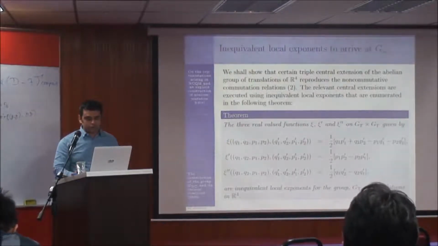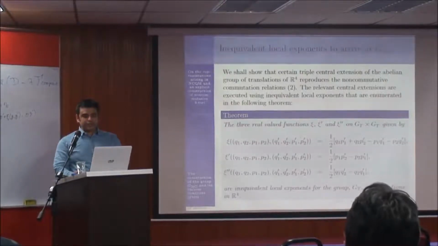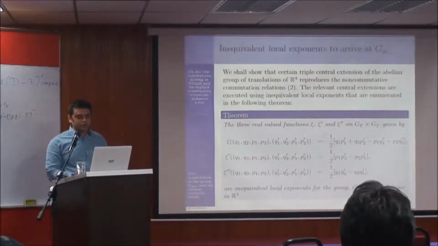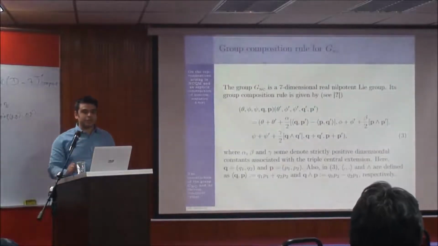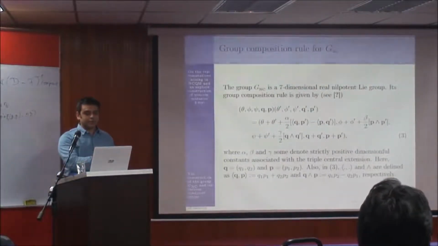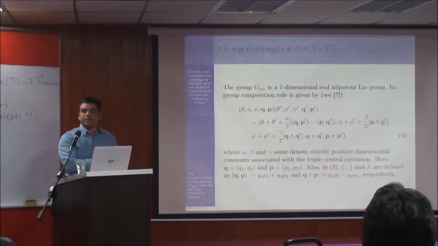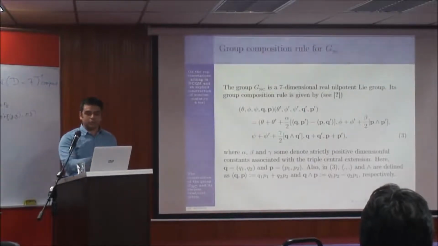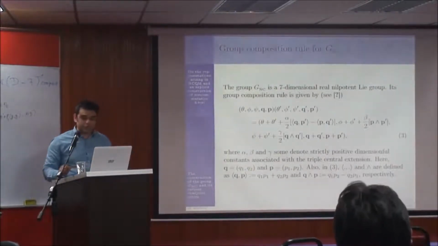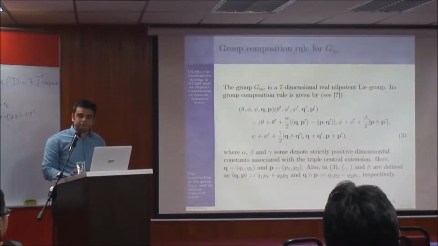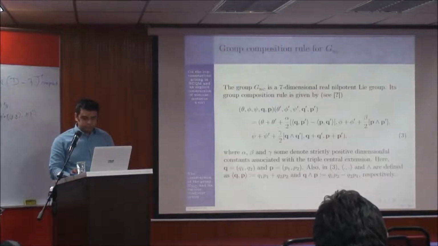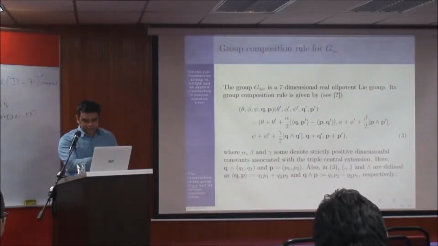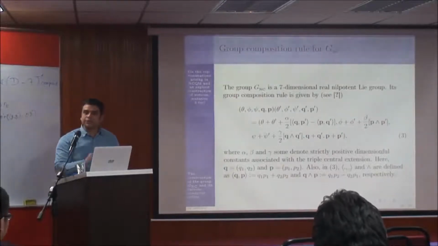I'm not going over the proof, but using these three inequivalent local exponents, we can construct this seven-dimensional Lie group, theta, phi, psi, q, p, and the group composition rule is given by equation number 3. The notations are given below.